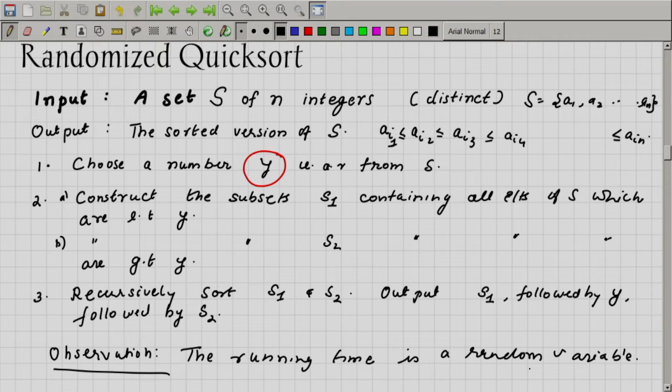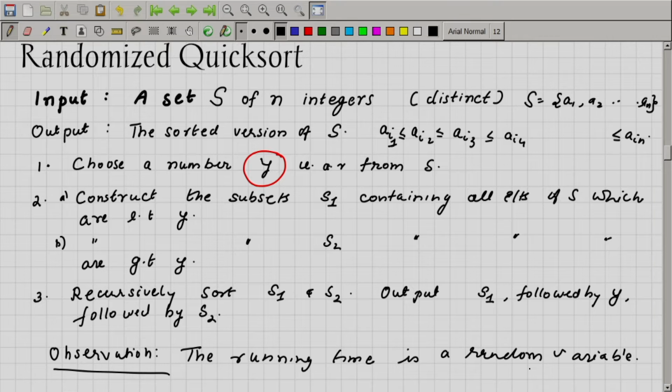But here there is no input on which we can guarantee that the algorithm will do poorly. In fact, for every input, no matter what the input is, the running time is only a function of the choices that we make inside the algorithm. It depends only on the random choices that we make inside the algorithm.